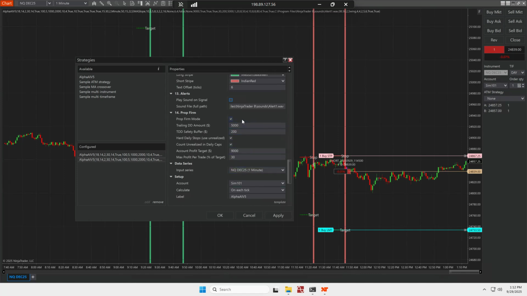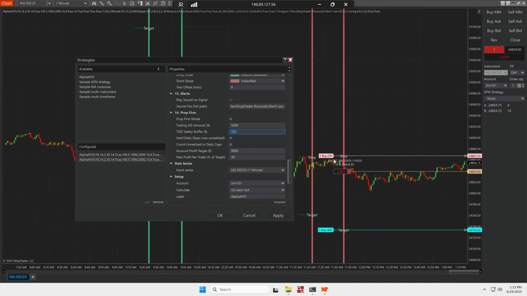You add here your daily drawdown and your max drawdown for this account. For the 150K account, it's $5,000. Then we have the safety buffer, which means if we're almost going to reach our drawdown, what is the safety buffer we need to reach before canceling the trade? It's $200.